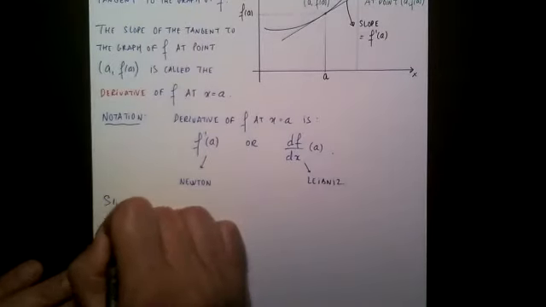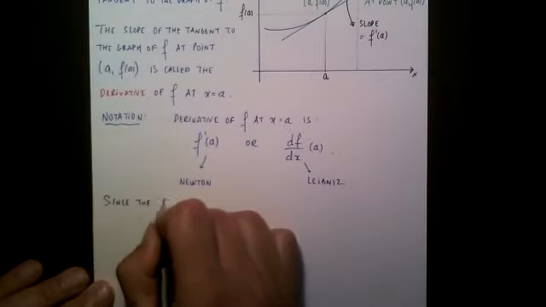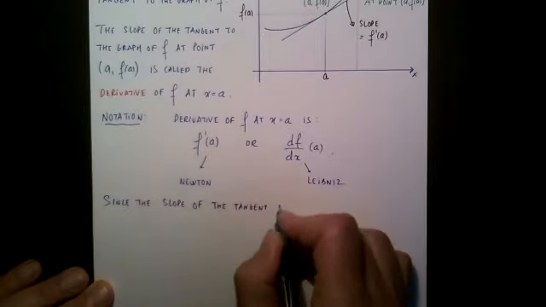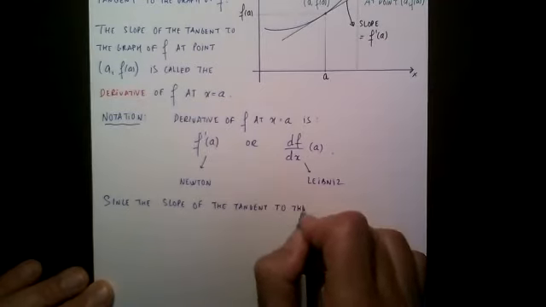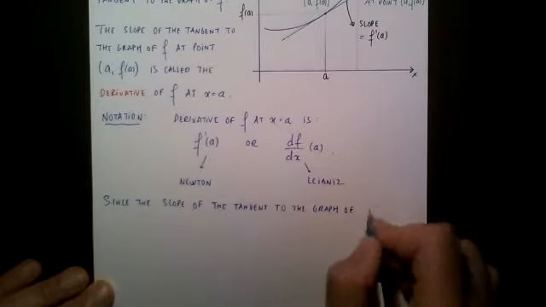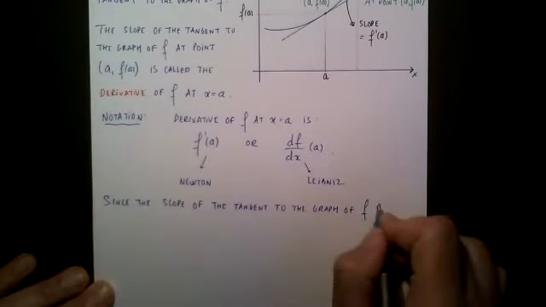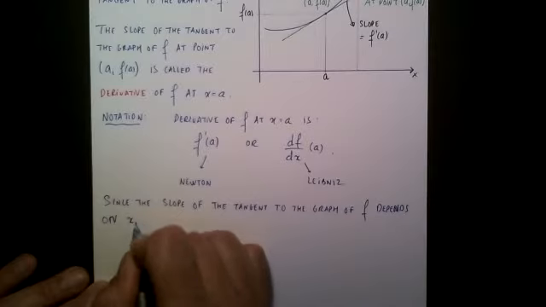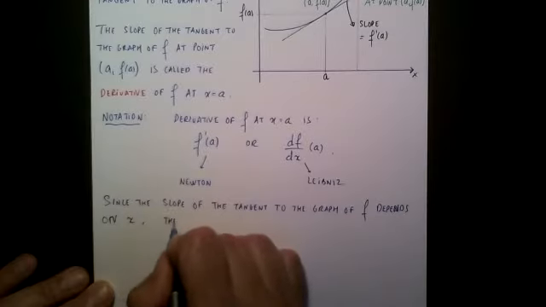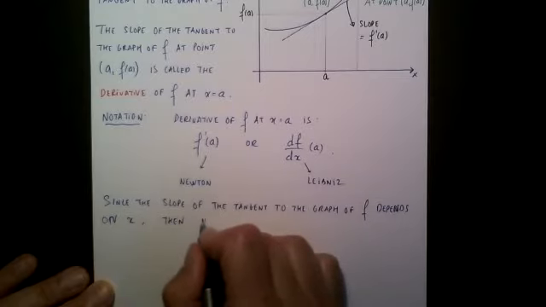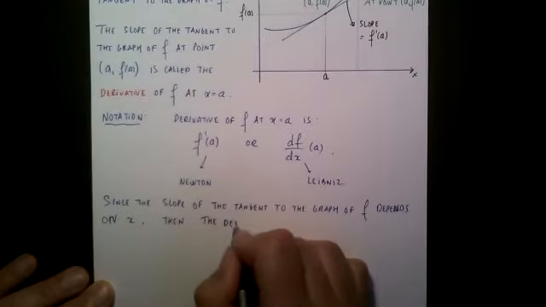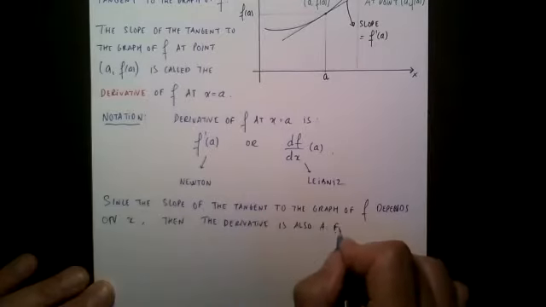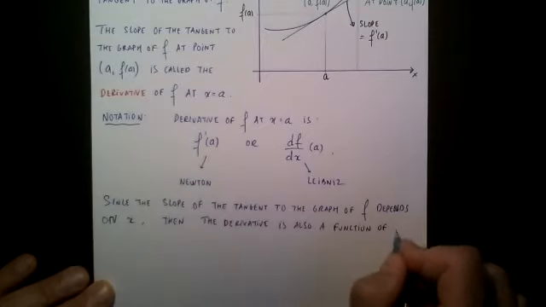So since the slope of the tangent to the graph of f depends on x, then the derivative is also a function of x.